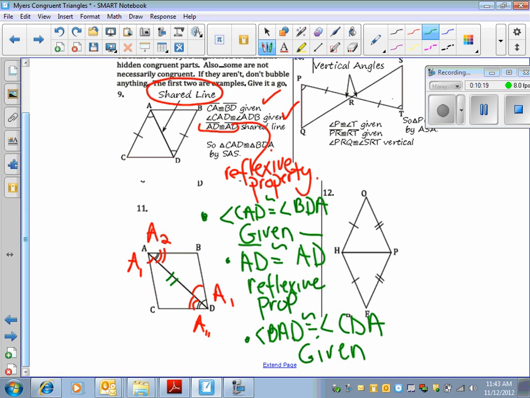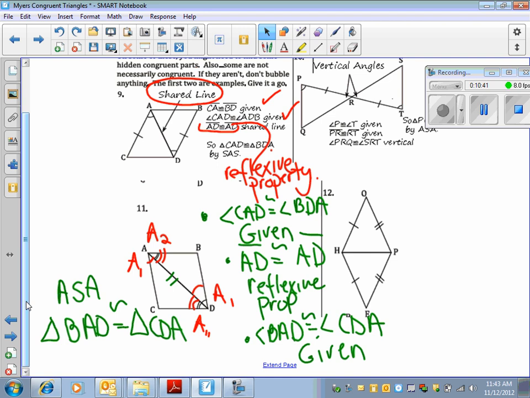They're congruent because of angle, side, angle. And so, what's the triangles that are congruent? We could say the triangle BAD is congruent to triangle CDA. Perfect. Actually, that's the beginning to getting you the right proofs.